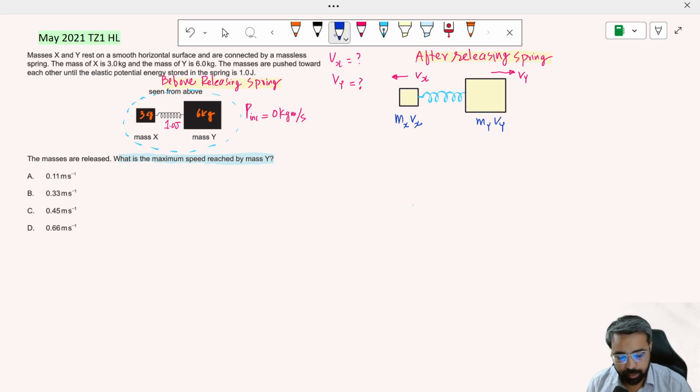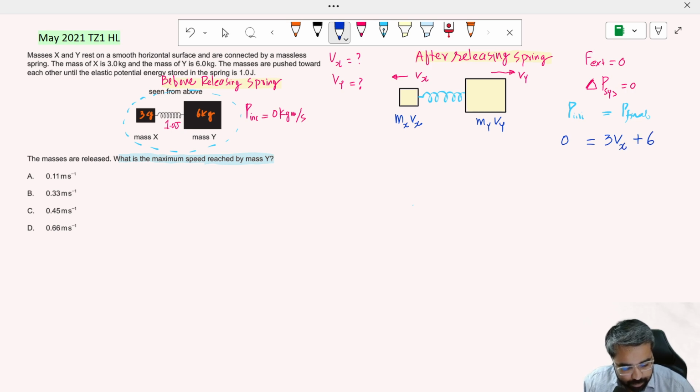So when you apply the law of conservation of momentum, if there is no external force exerted on a system, it means that the total change in momentum of the system is zero, which means the total initial momentum is equal to the total final momentum. So if I put the values, 0 is equal to mx, which is 3, times vx plus 6 vy. So we got an equation.